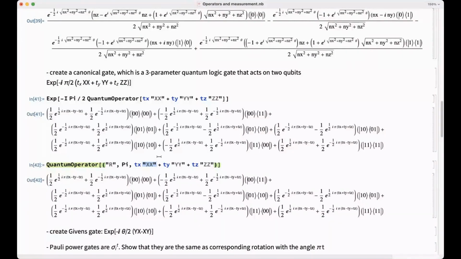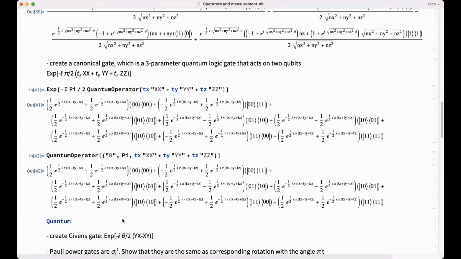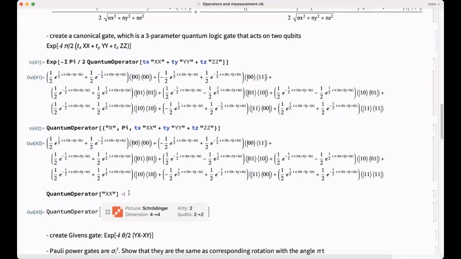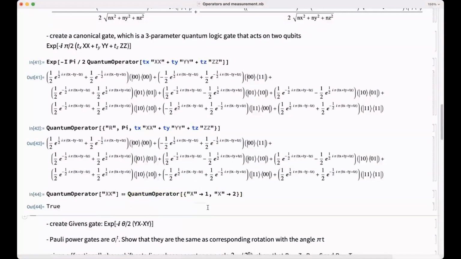In this notation we haven't specified any order, because it's a 2-qubit gate, behind the scenes we understand it as acting with X on the first one and X on the second one. That's literally how we would interpret that.